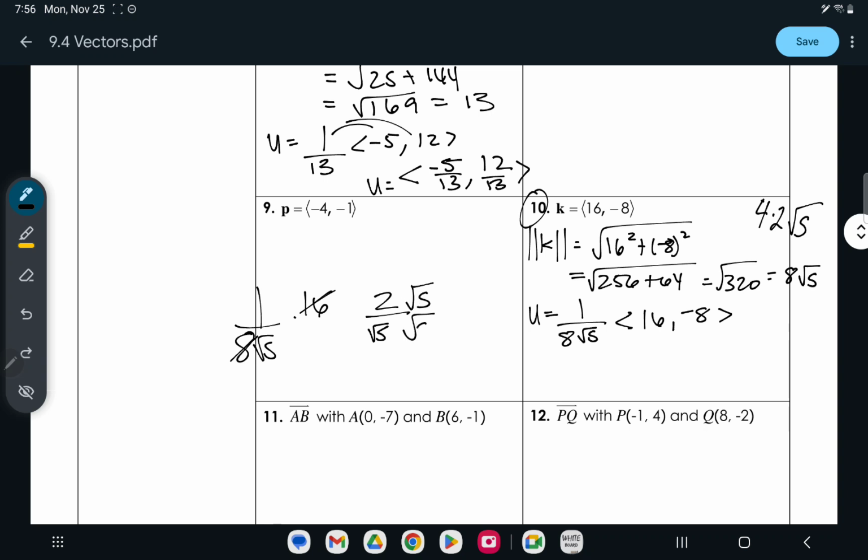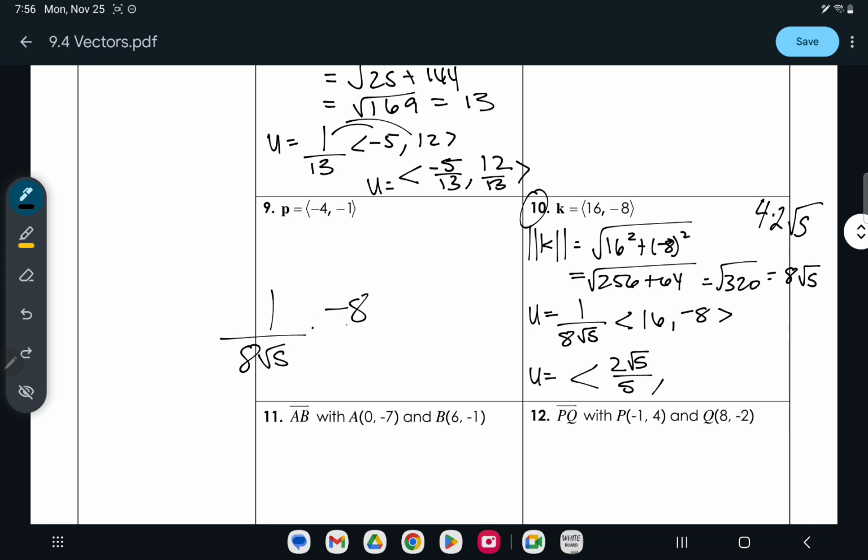So multiply both the numerator and the denominator by root 5, and we get 2 root 5 over 5. Now I'm going to do the same thing with the other one. 1 over 8 root 5 times negative 8. Well, 8 and 8 cancel out to be 1, so I'm left with negative 1 over root 5, but I need to rationalize. So I get negative root 5 over 5.